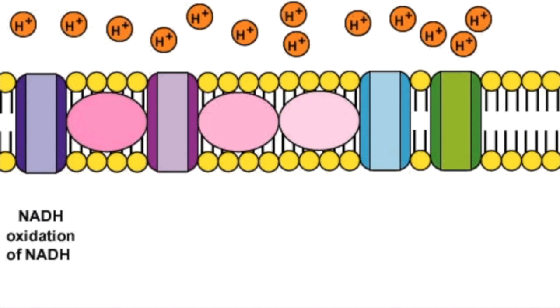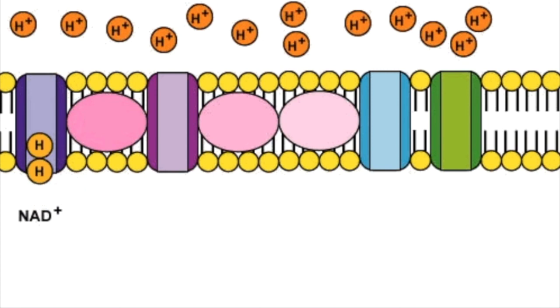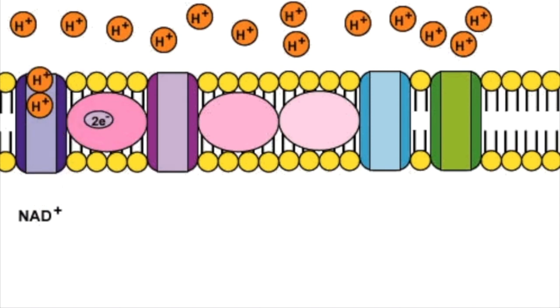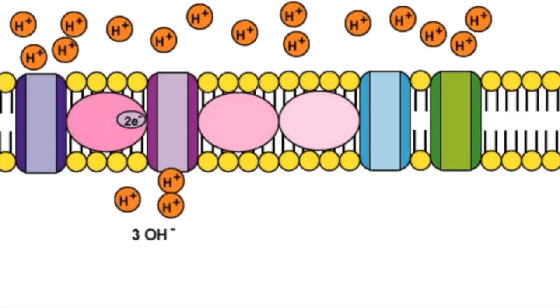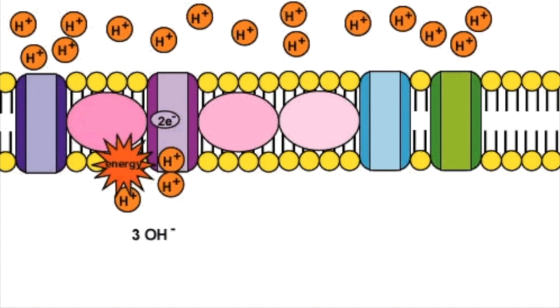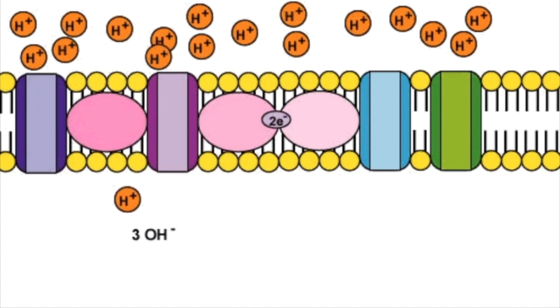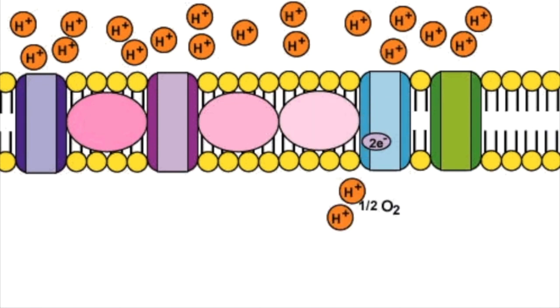NADH goes to complex 1, meaning there's more electron transfer between complex 1 and the ATP synthase final phase, versus FADH2, which will go directly into complex 2, meaning there is one less step in the electron transferring between all these steps.